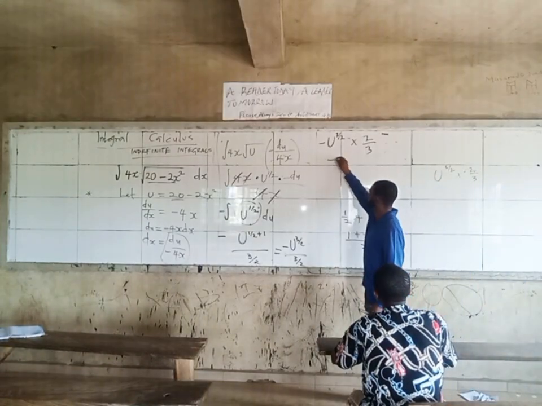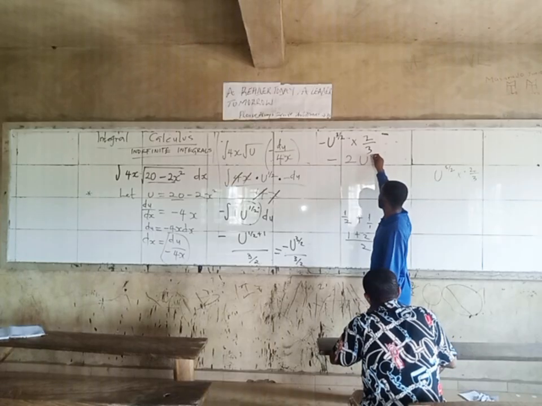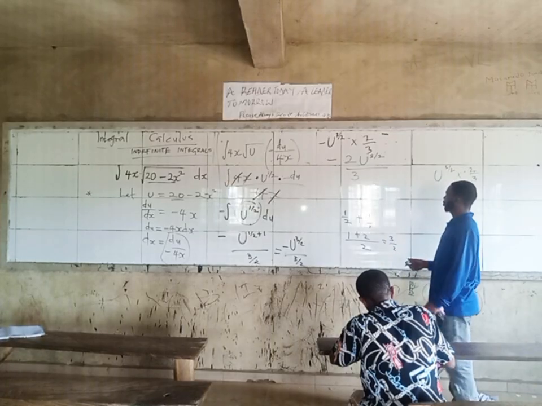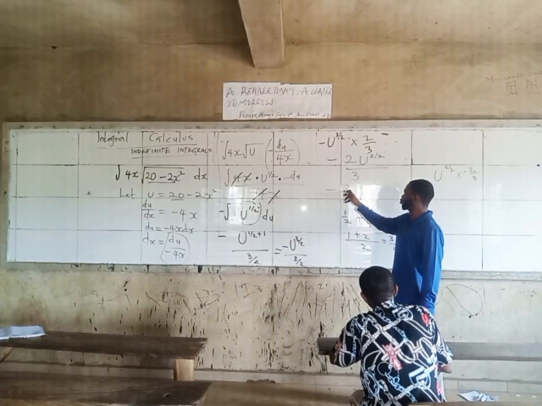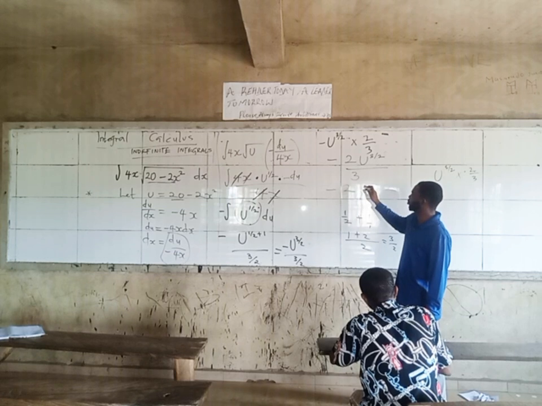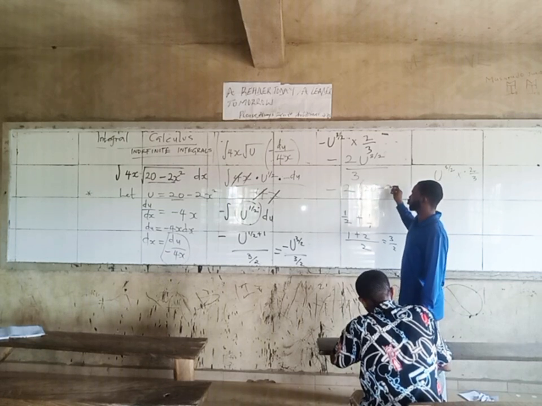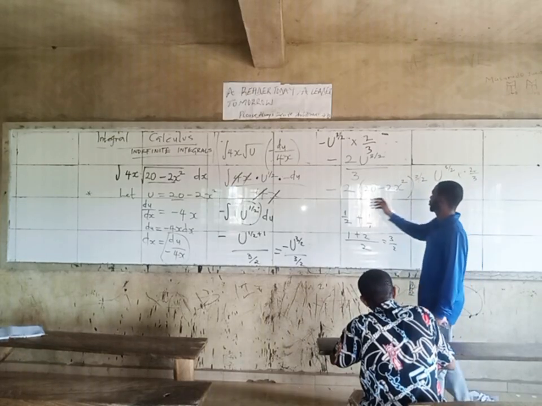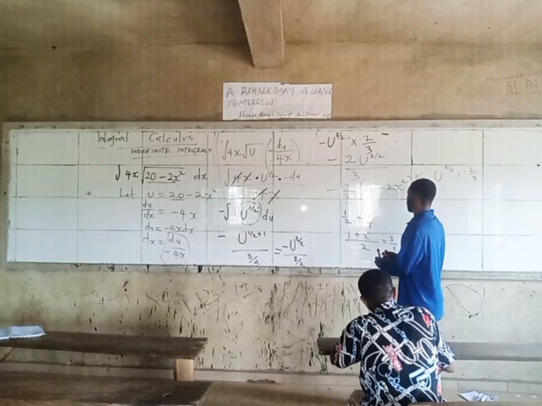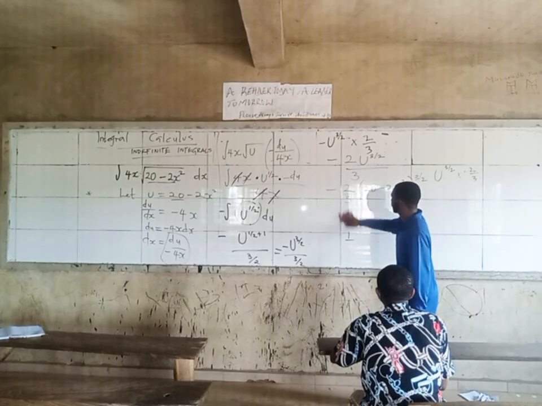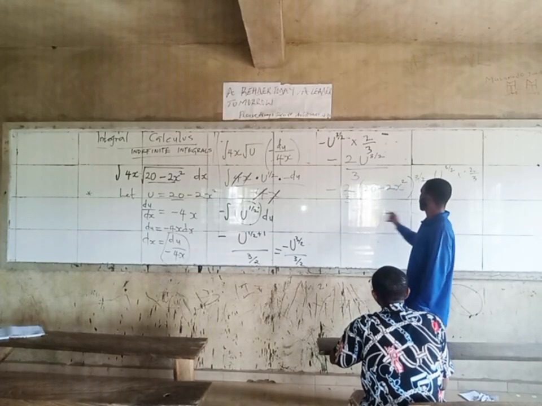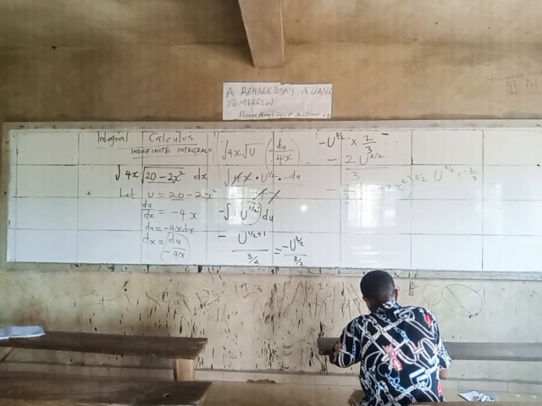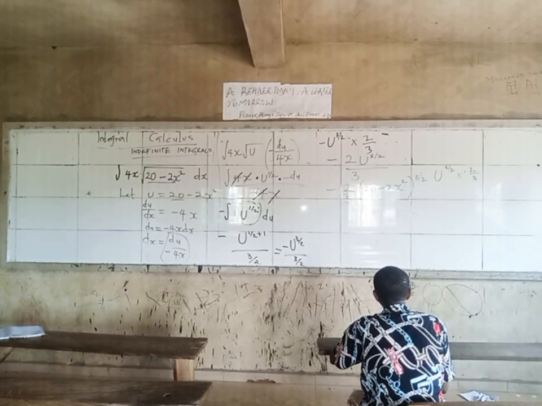So this is how it becomes minus 2u to the power 3/2 all over 3. Now we replace u. When we started, our u is 20 minus 2x squared. So this is our final answer: minus 2/3 times 20 minus 2x squared, all raised to the power 3/2.